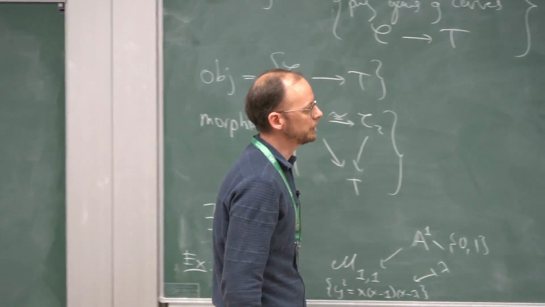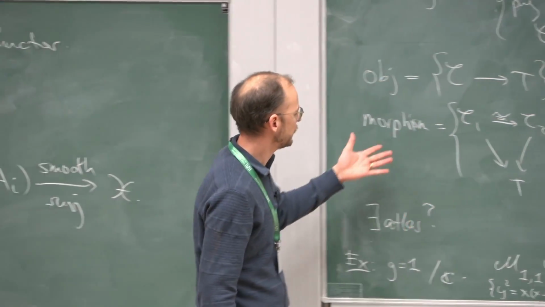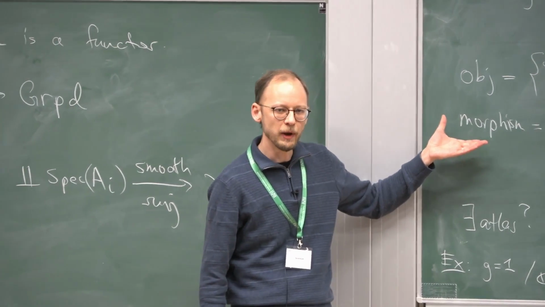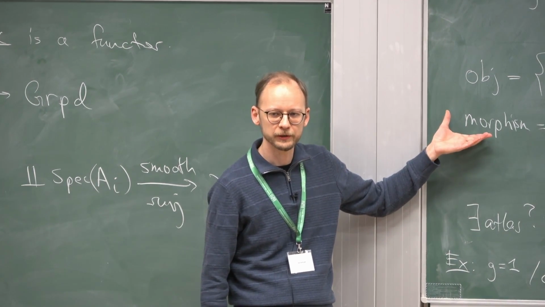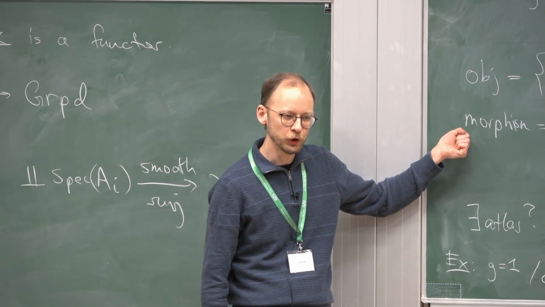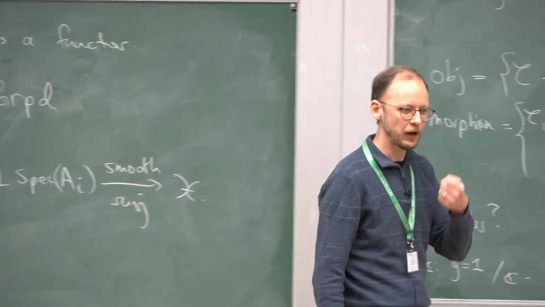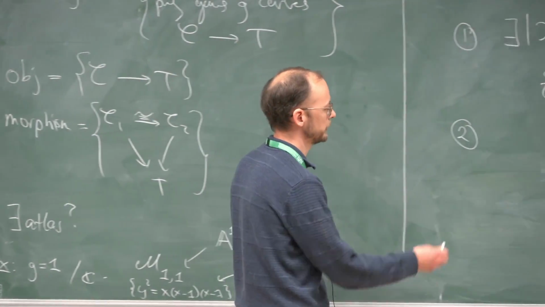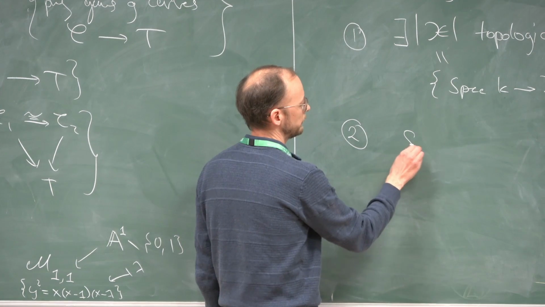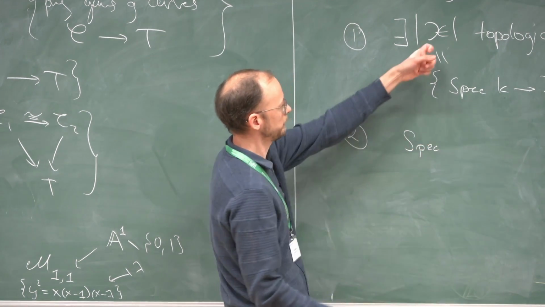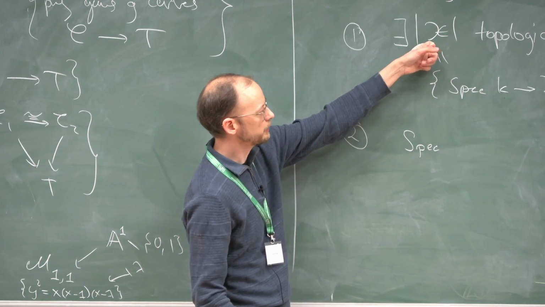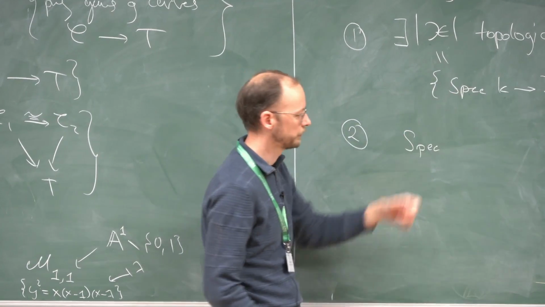And the second thing is that, as I allude to here, this functor remembers automorphisms of our objects. So when I pick a point of my stack, it's going to have some automorphisms. But here, it's not enough to just pick a point of this set, I really have to pick a representative.